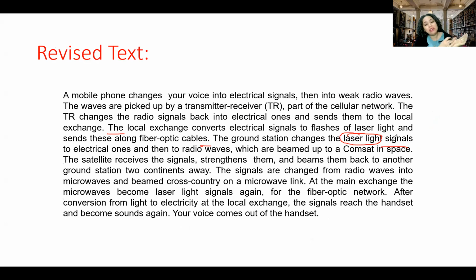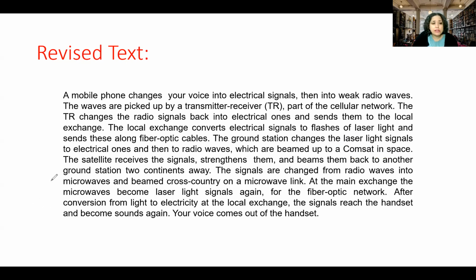Whereas in the other, the structure that was confusing us was using it twice. And yes, it was definitely confusing us. So, and then it's telling which are beamed up to a ComSat in space. ComSat is the satellite in space, and it's just clearing up the information.